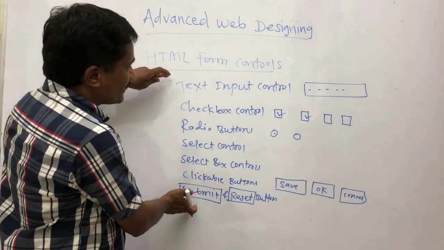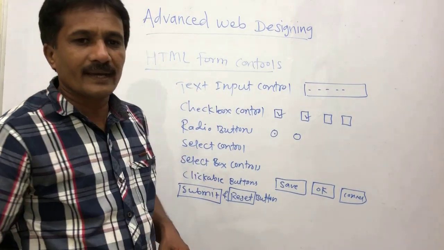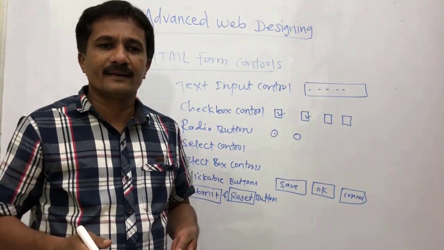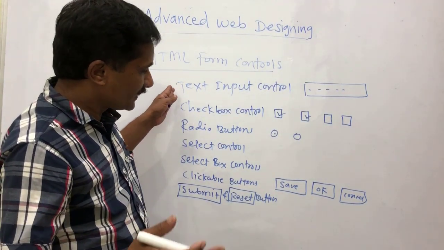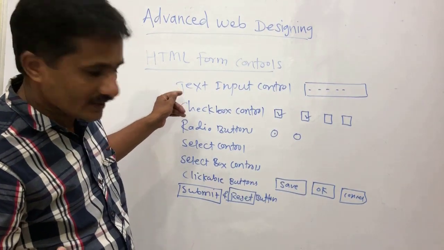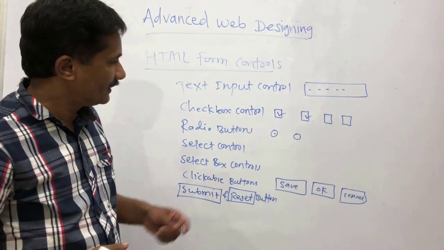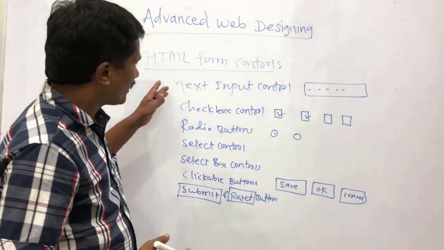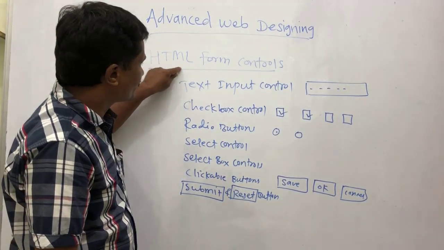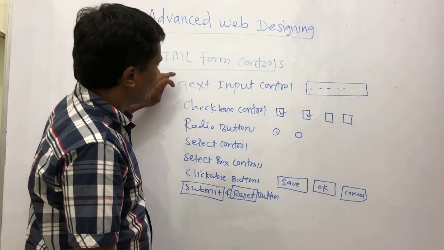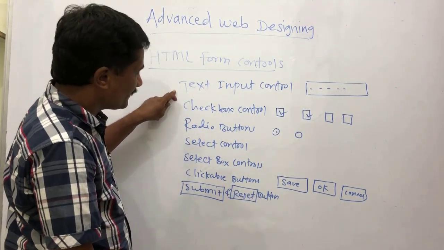All these control elements you can apply in HTML form. We can study it here. Next, one more example of how to create a form. When we create an HTML form, you can use these form elements.